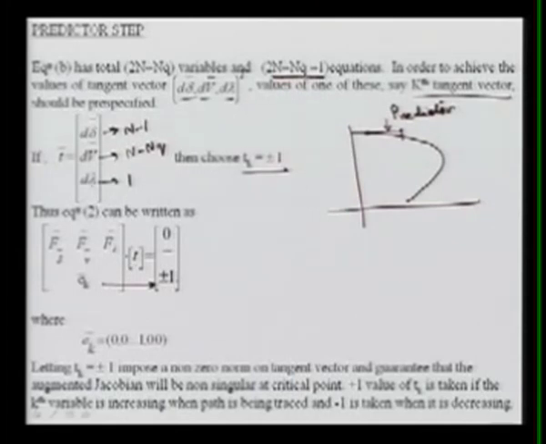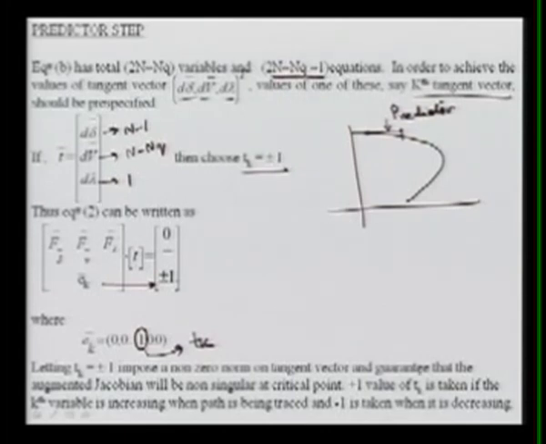That means out of these 2n minus nq elements, one will be 1, and all the others will be 0, corresponding to the kth value. Letting Tk equal plus or minus 1 imposes a non-zero norm on the tangent vector and guarantees that the augmented Jacobian will be non-singular at the critical point.